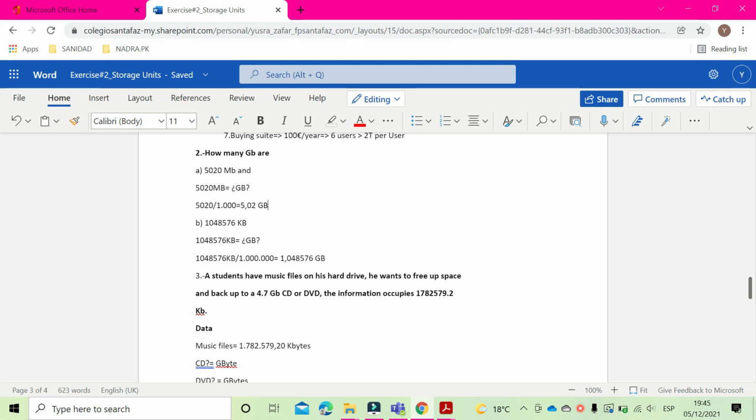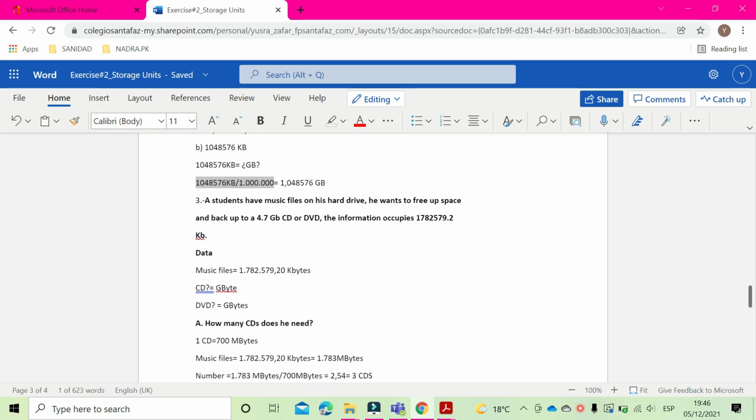So from KB to GB we are doing two steps and we are going from up to down, so in this case we are also going to divide this unit by 1 million, because we are doing two steps, which is equal to 1.048576 gigabytes.